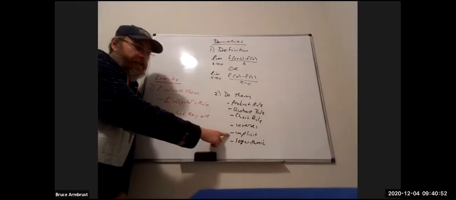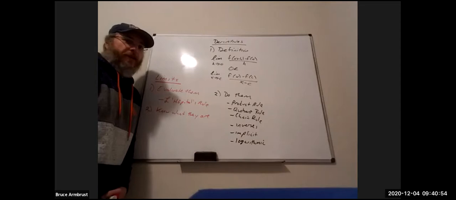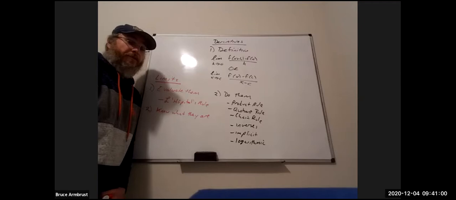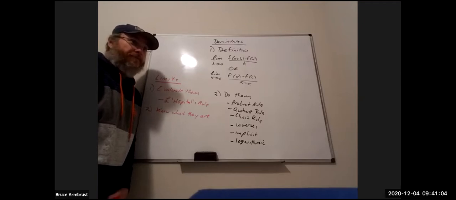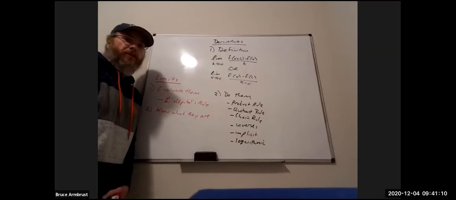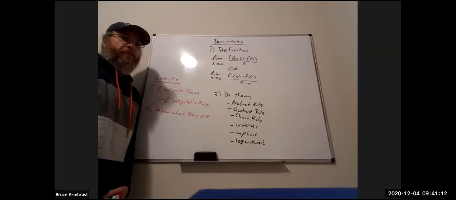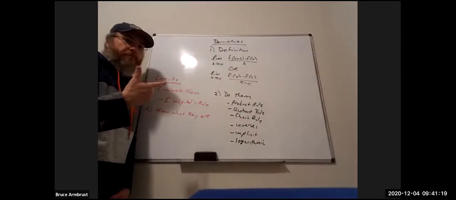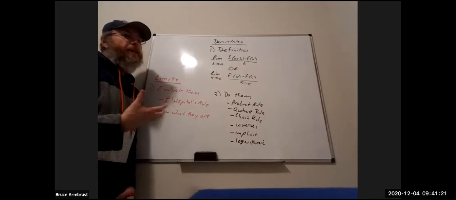I put implicit on here specifically, know how to do implicit differentiation, because there will definitely be something on there where you have to use implicit differentiation to find a derivative. So I'd say that those are the big things to get from derivatives, is what they are and how you do them, right?